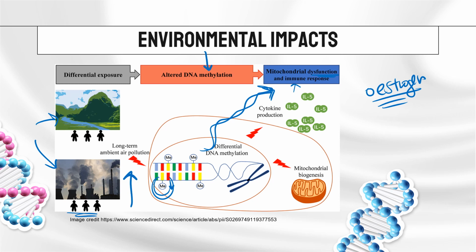What's worrisome about this is, what did we just talk about? Sometimes those epigenetic tags can be inherited. And so it could be that these people exposed to air pollution, even if they move out to the country and have children where the air is clean, their children could still have some mitochondrial dysfunction and immune response if these epigenetic tags happen to be inherited.